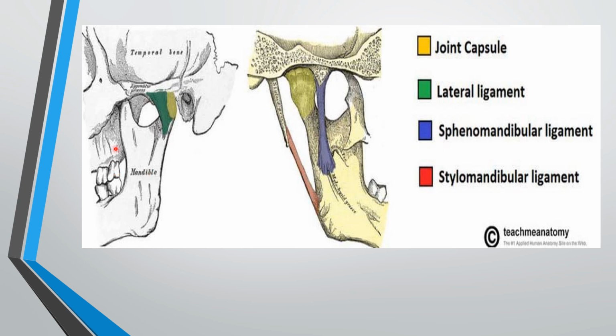So this is the mouth cavity. This is the mandible bone, and at this angle we have the temporomandibular joint. Here is a part of the eye socket, and this is the temporal bone, which is close to the eye socket, and this is the area of the ear.